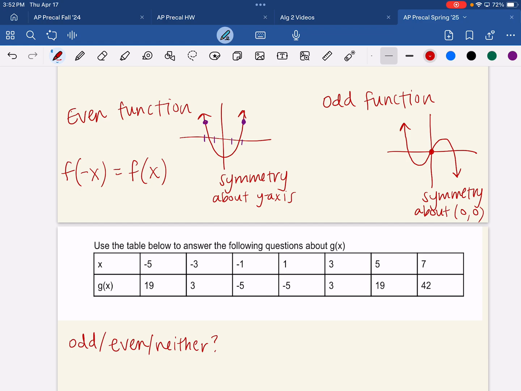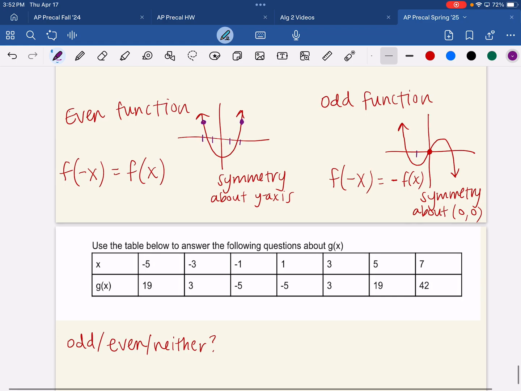And then the converse is true: f of -x equals negative f of x. So what that means is when we pick x values with opposite signs, their outputs are going to have the opposite sign.